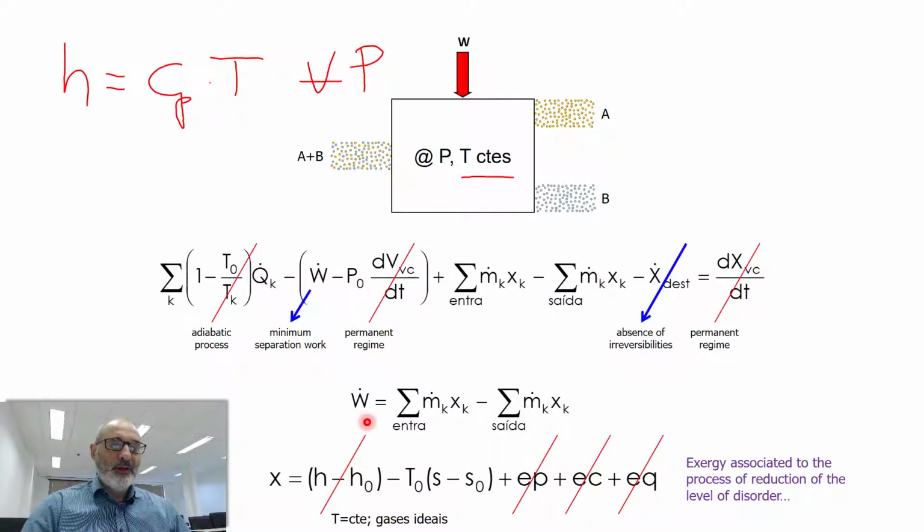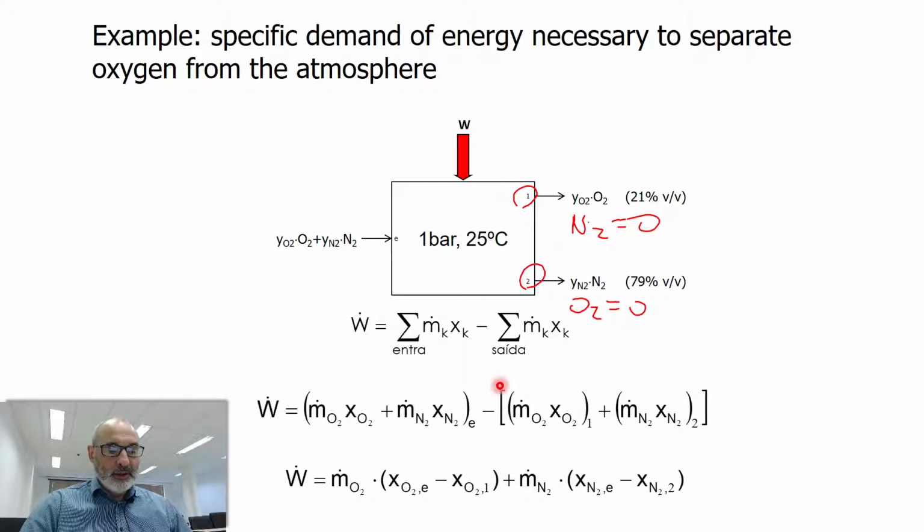So anyway, I'm going back one slide here. We got this formula, which enables us to calculate the minimum separation work, okay? So now we're going to apply this formula. Entering the control volume, we have two mass flow rates: one mass flow rate of O2 and another mass flow rate of N2.